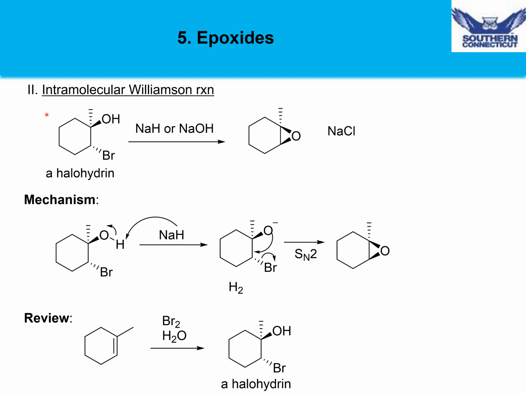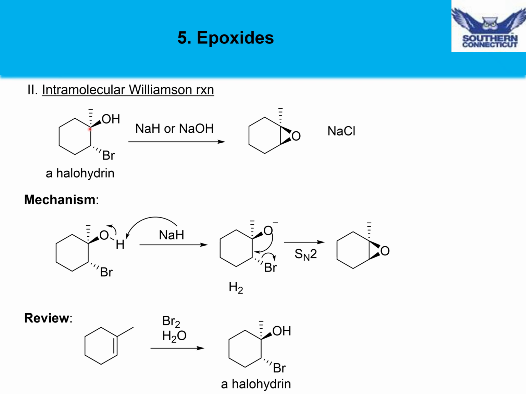Another method to make epoxides is through an intramolecular Williamson ether reaction. In order to do this, we have to have a trans halohydrin. In other words, a molecule that has a hydroxyl group and a bromine or chlorine on the adjacent carbon.